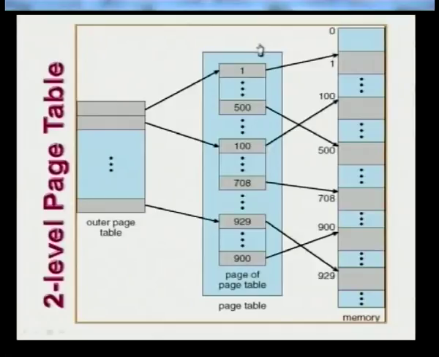The set of addresses or bits which correspond to the page entry in a page table is now divided into two different entries, and the higher entry corresponds to an outer page table, and from the outer page table an inner page table is identified. Every entry in the outer page table corresponds to one inner page table, and if this is identified as the entry in the outer page table, the corresponding inner page table is loaded and the entries are accessed. This is how a two-level paging scheme works.